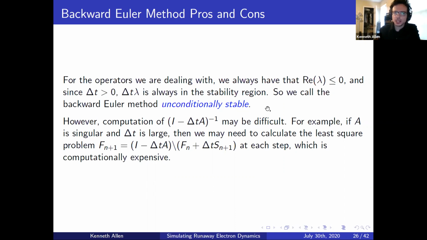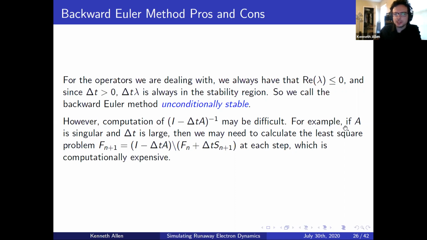So that's the upside of the backward Euler method. We can essentially choose large time steps and still have stability. We won't experience numerical instability. But the downside is that we need to compute the inverse of identity minus delta t times A, which may be difficult.